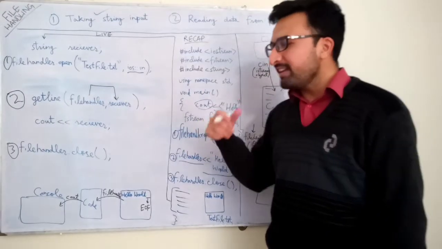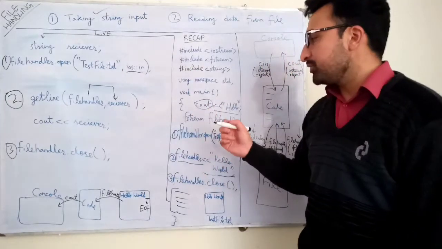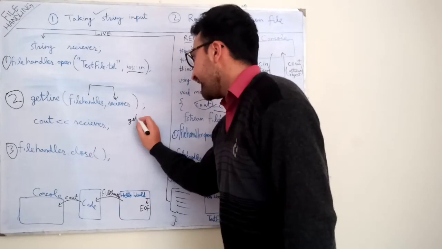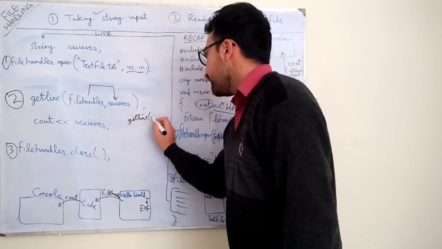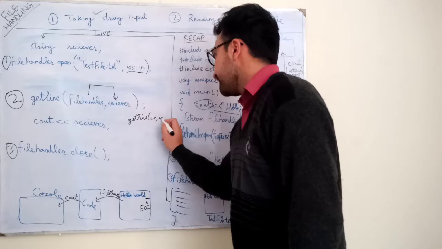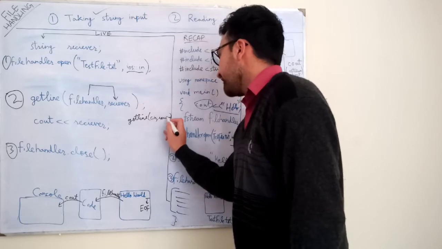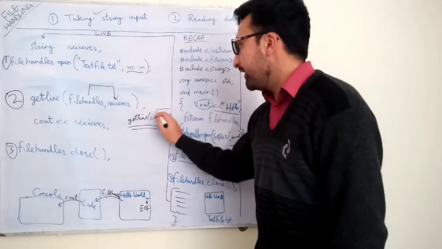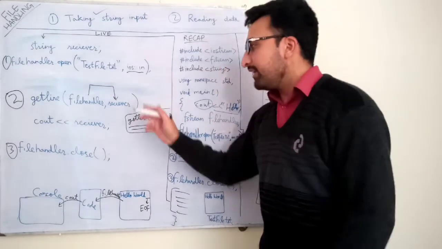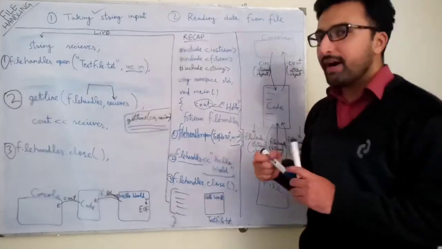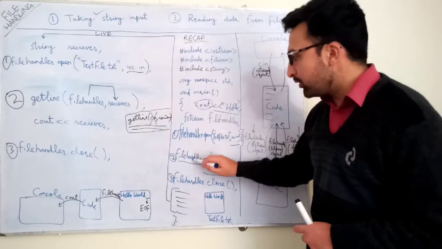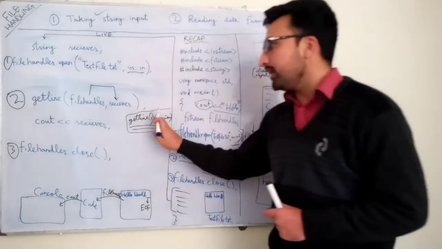Now when we are taking input from the console, what we used to do was write getline(cin, receiver), for example, where receiver is our variable. That was basically what we did when we were receiving input from the console. However, here we are receiving input from the file, so we cannot use cin. Just like we could not use cout with the file handler, we cannot use cin here.